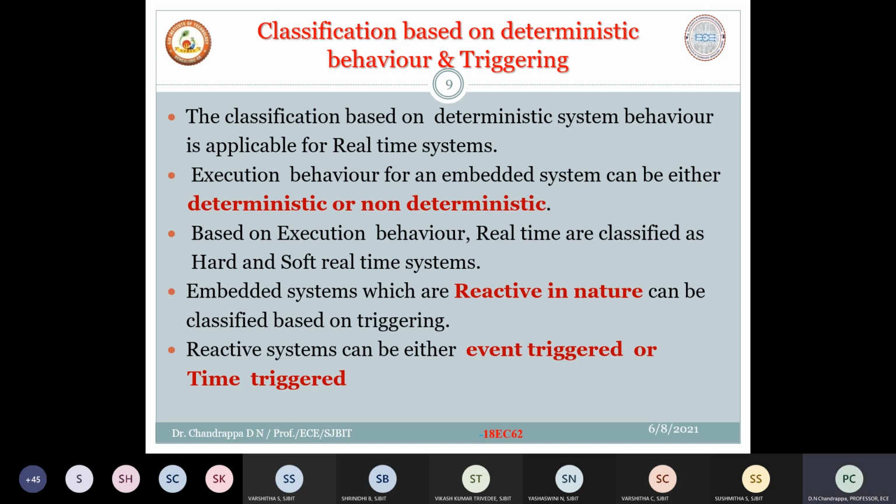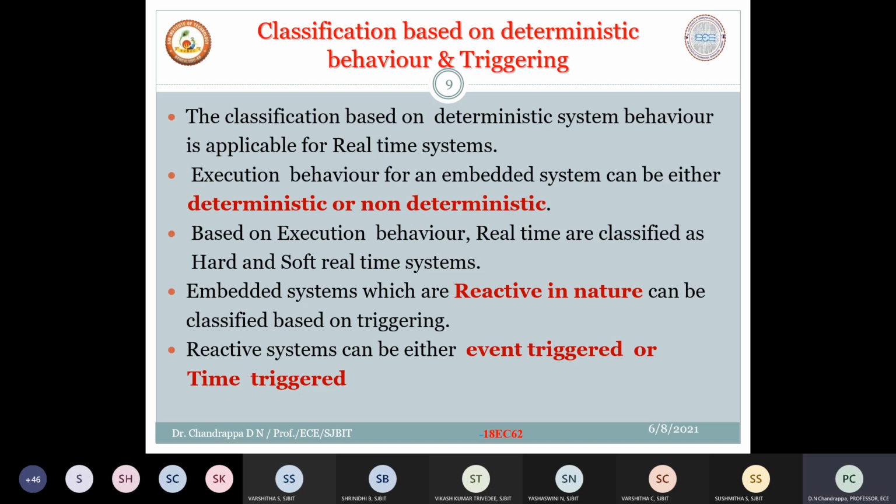If it is deterministic, then only you go for a real-time system. If it is not deterministic, it does not support a real-time system. Either the system is deterministic or non-deterministic. If an embedded system is deterministic, we can use it for a real-time system. If it is non-deterministic, we are not going to use it in a real-time system. That is what we are going to decide.